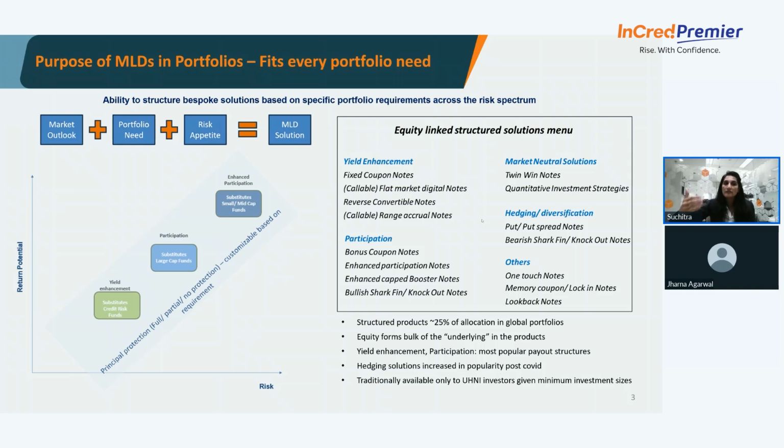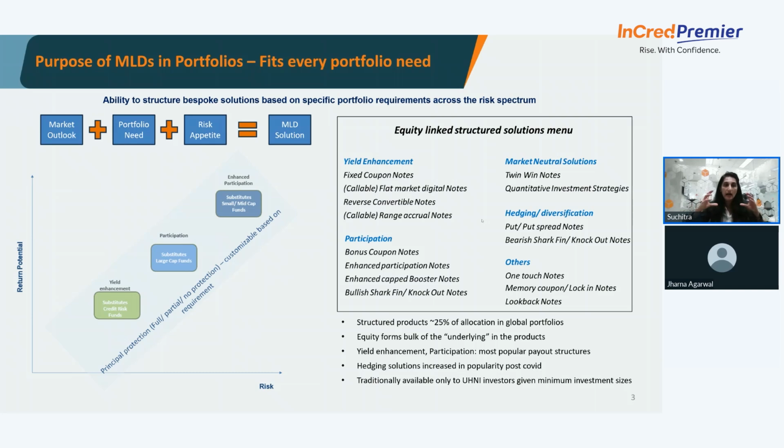You can have yield enhancement products with full principal protection, or without full principal protection. You can also have partial principal protection. What does partial principal protection mean? It means you give me 100 rupees today. At the end of the maturity of the debenture, just like any debenture, you will have a fixed maturity of an MLD structure.